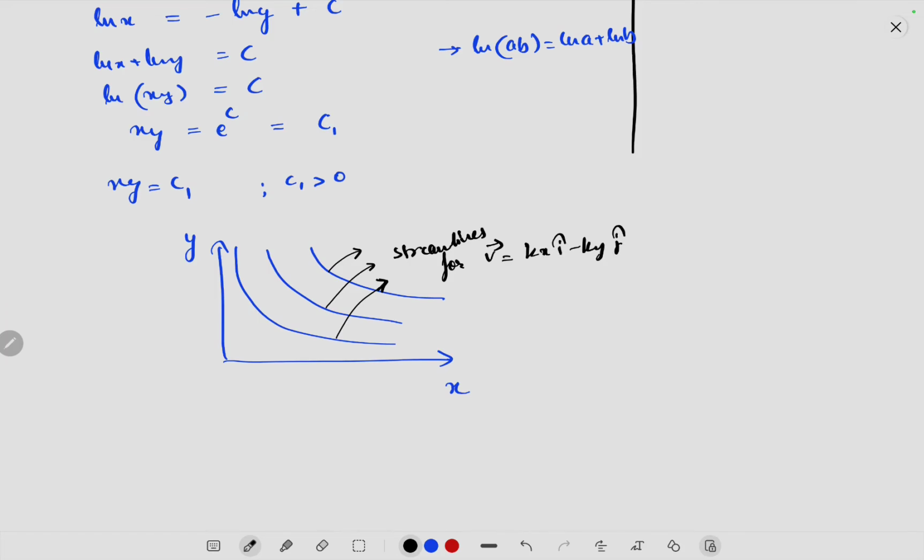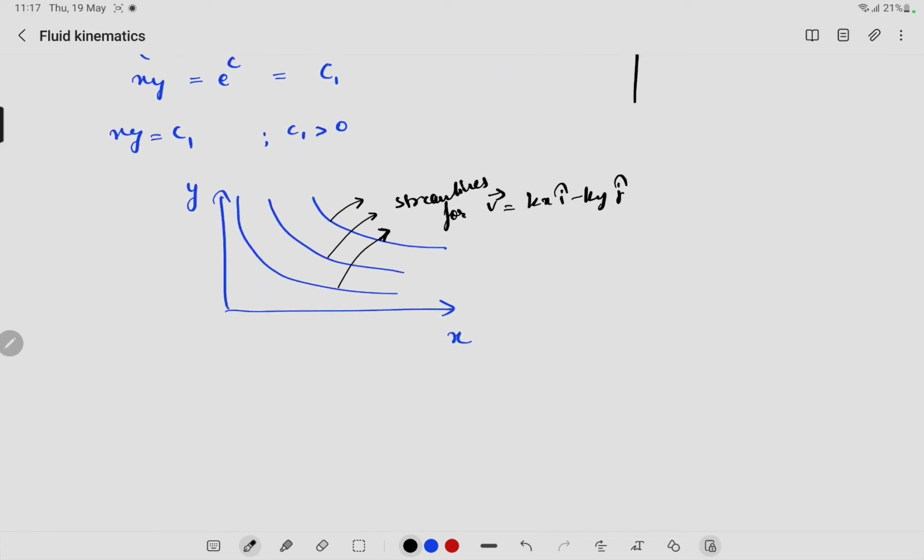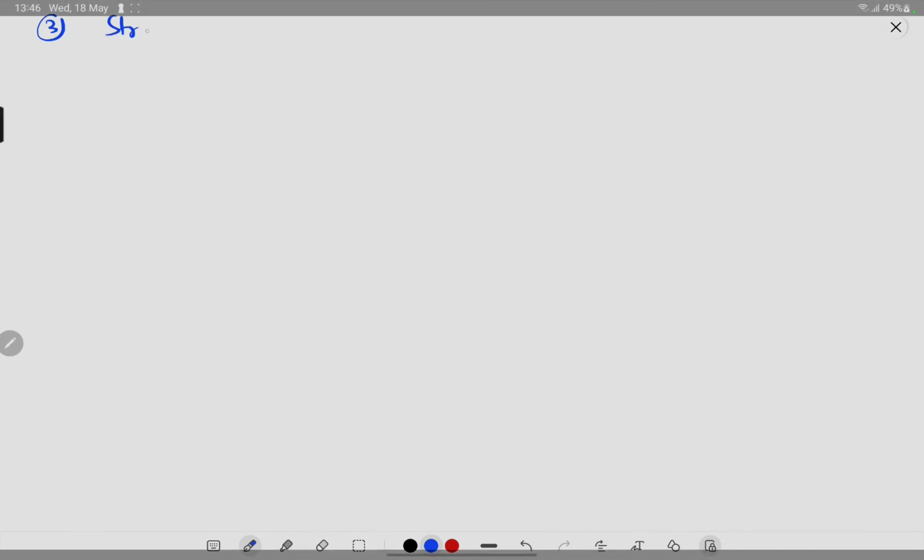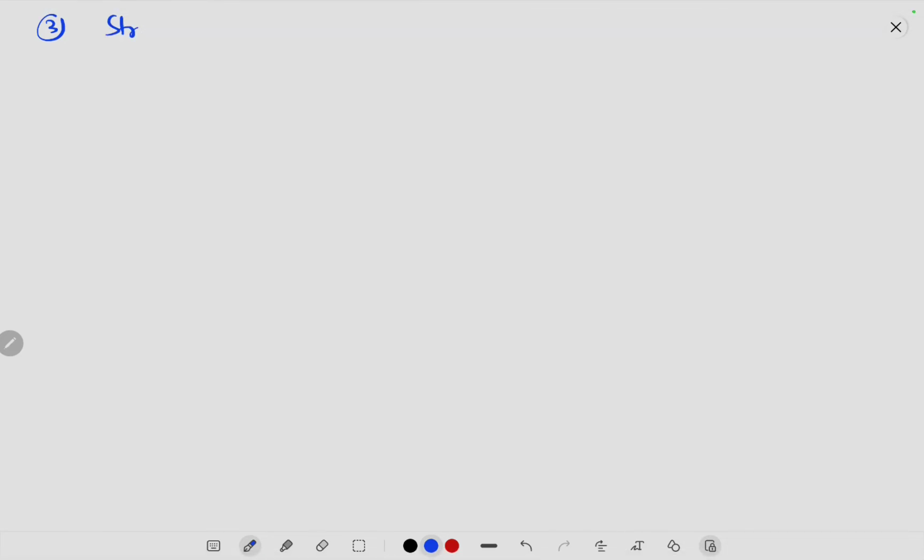Okay, the third way of visualizing the flow is the streak line. So what is a streak line?